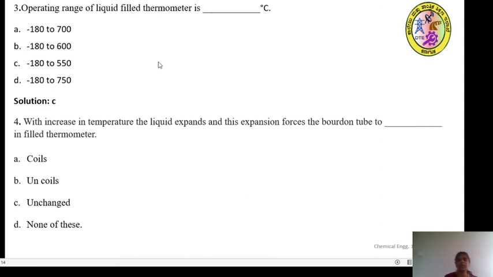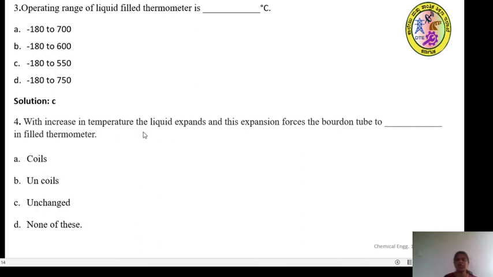Here one thing you have to remember is the operating temperature range of all the thermometers. It is very important. It's helpful in using different types of thermometers under different conditions in various industries.